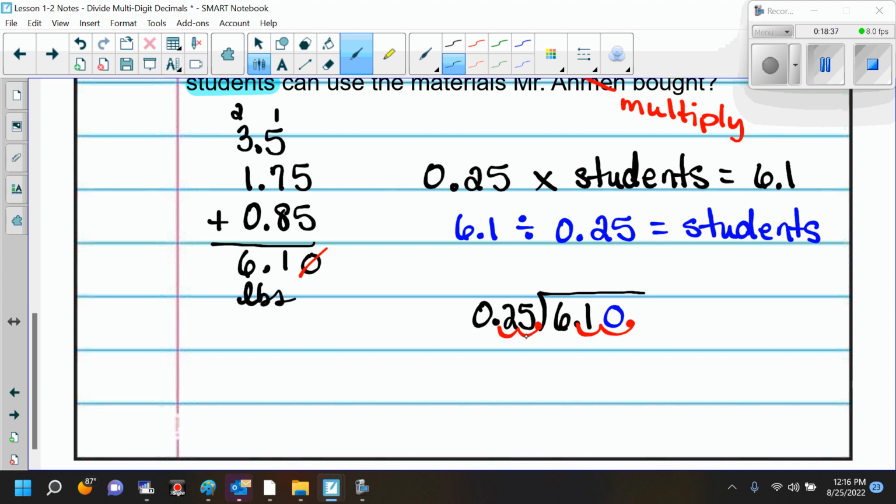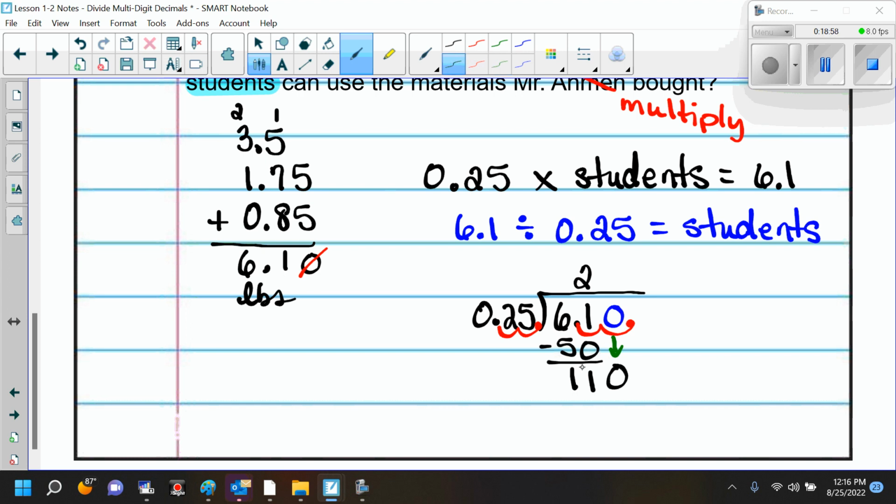So 25 goes into 61 2 times. 2 times 25 is 50. And then we subtract. That gives us 11. And then we're going to bring down the 0.